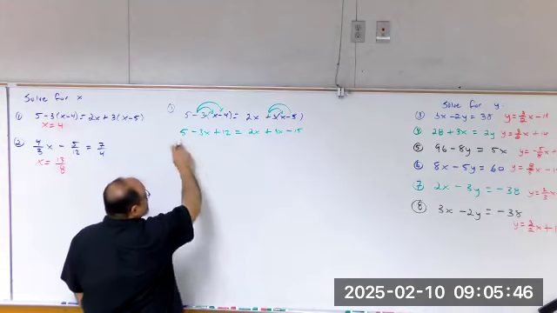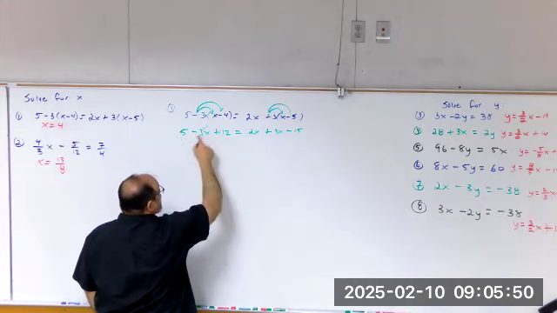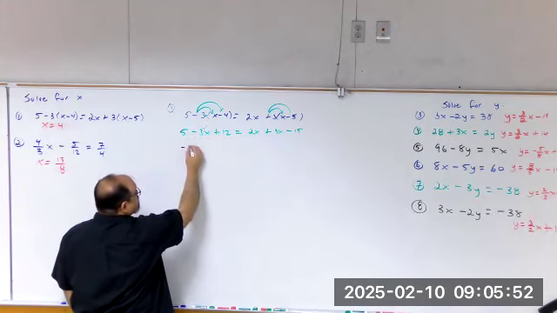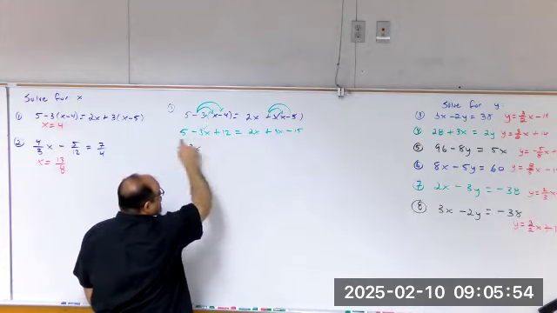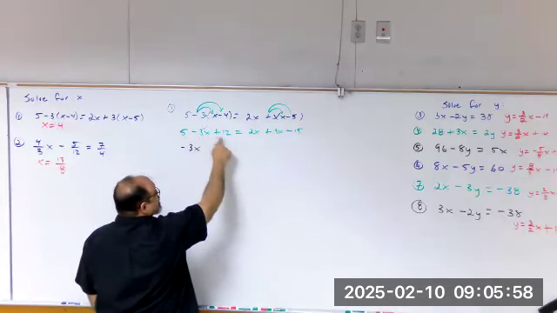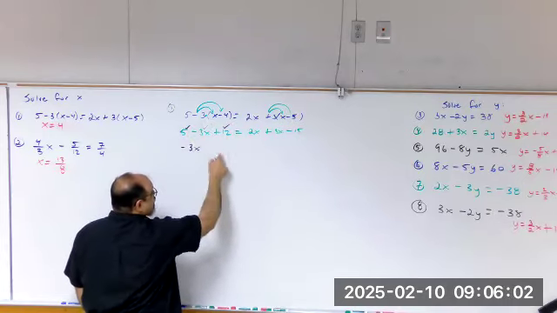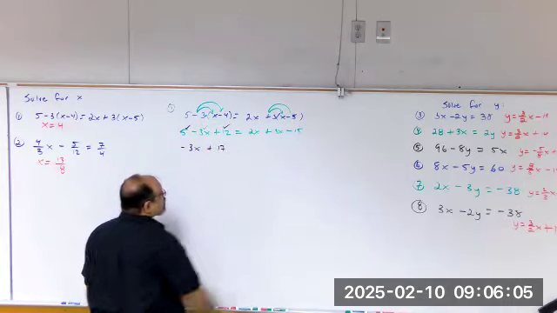Gather all the variables and simplify all the variable terms. Well, the only variable term is this one, a negative 3x. And then the two constants are a 5 and a positive 12. 5 plus 12 on this side is a plus 17.